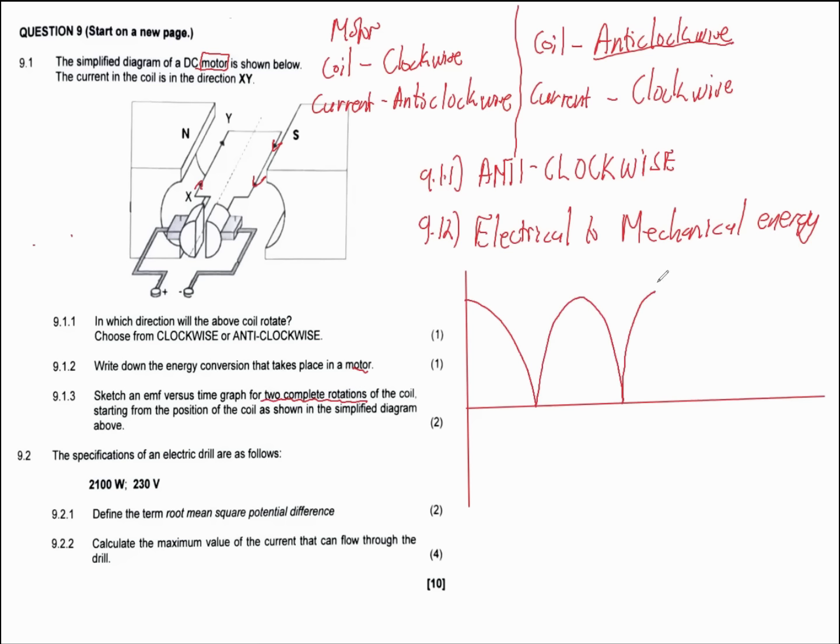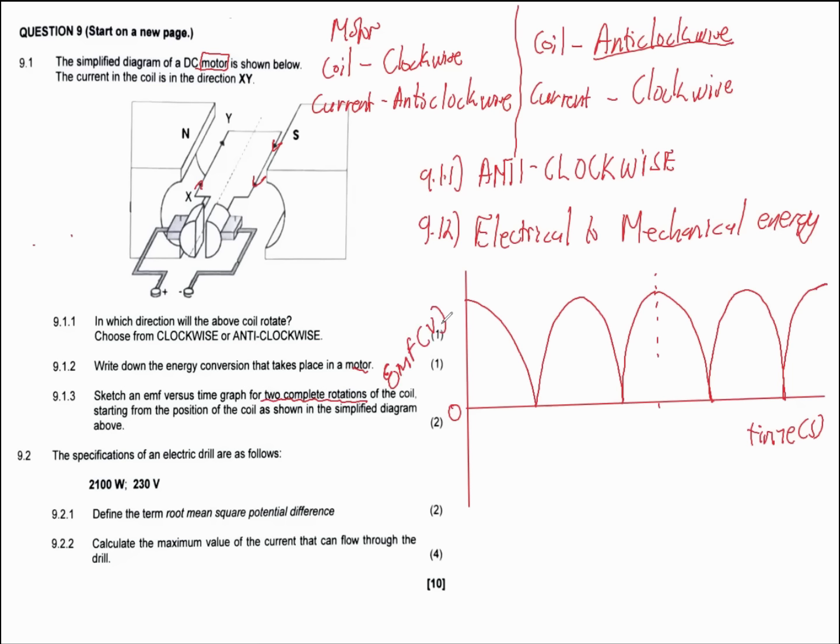What we are seeing here is 1 complete cycle. And then for the second one, again, same shape. This is the second complete cycle. So these are 2 full cycles. So 0, this is our time in seconds. And this is our what? EMF.